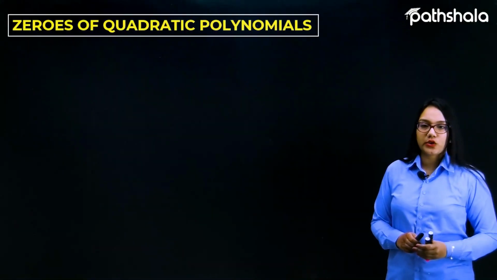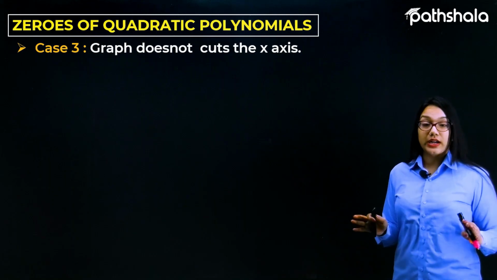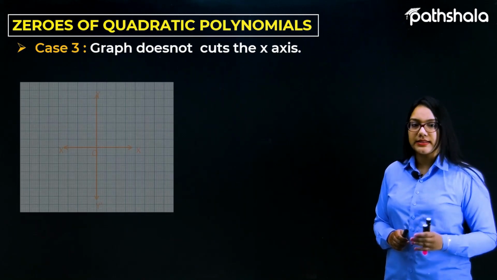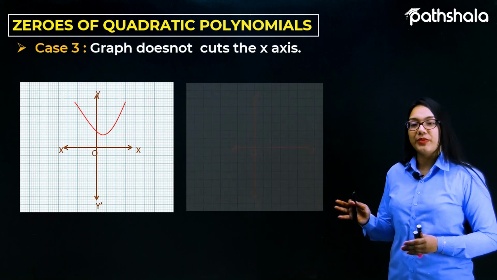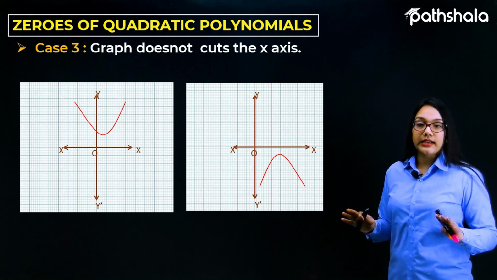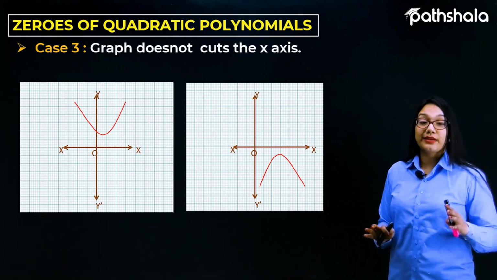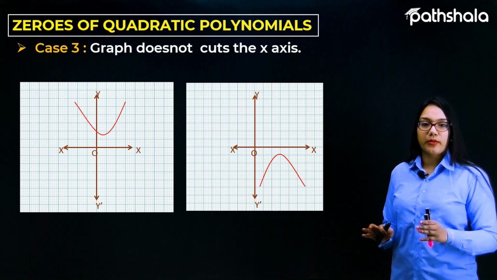Let's move on to case number 3. Case number 3 says when the graph does not cut the x-axis. When it doesn't cut the x-axis, it must be of this form or this form. As we can see, it doesn't cut the x-axis at all. This is the third case that may exist in a quadratic polynomial.